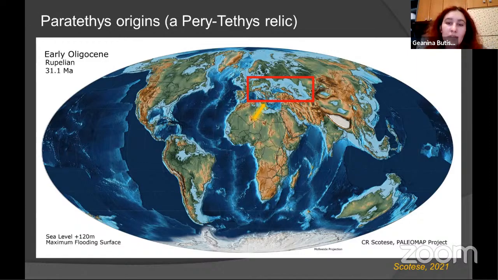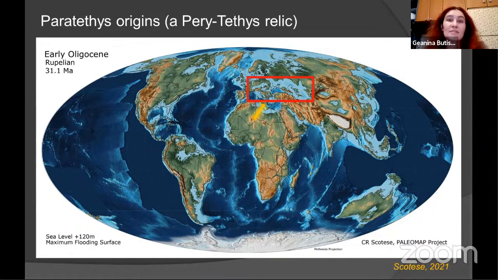It formed many millions of years ago, as I was saying, in the Oligocene, but in time it started to shrink as the Tethys Ocean was closing completely, and as Africa pushed more and more towards the north, all this area between Africa and the Eurasian continent was stuck together, and this is how we got the Alpine-Himalayan belt.